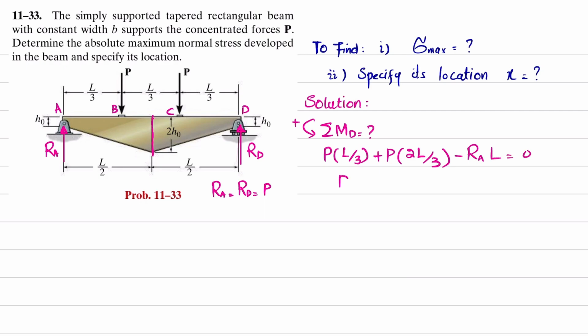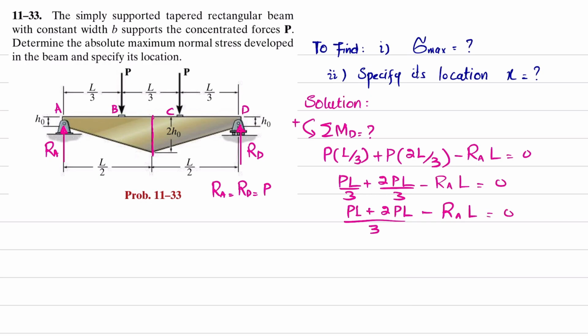So this will be PL over 3 plus 2PL over 3 minus RA times L is equal to 0. If you take the LCM, it will be 3. Here you will have PL plus 2PL minus RA times L is equal to 0.